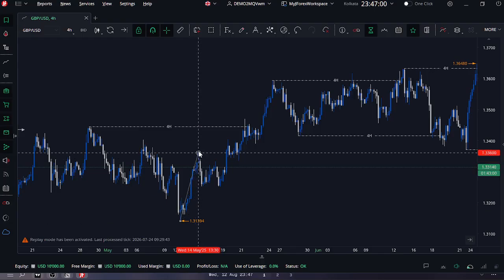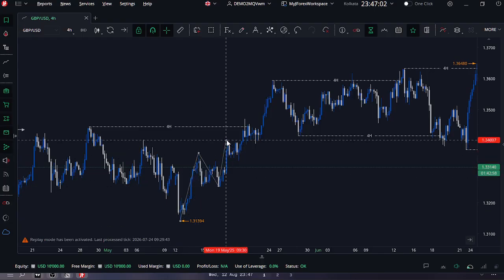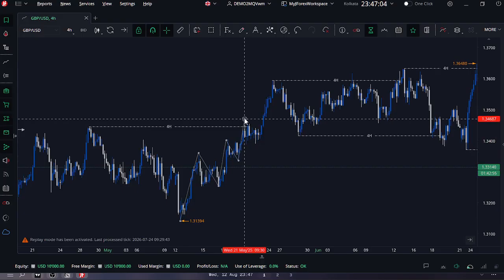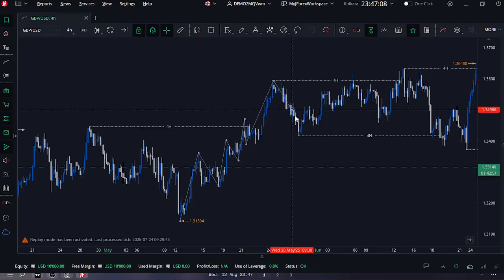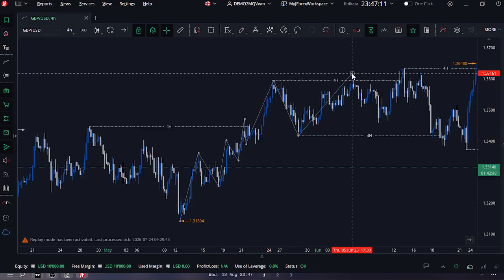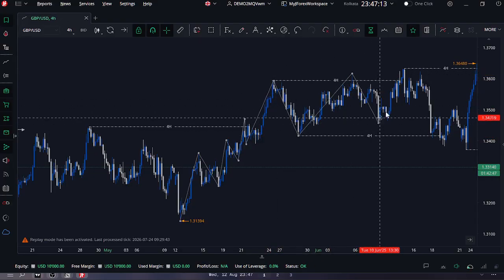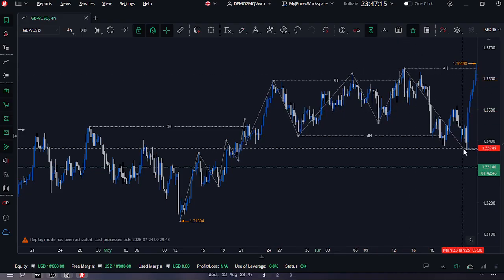We had internal structures right at this moment, like here, and then we have here, then we have here, then we have here.